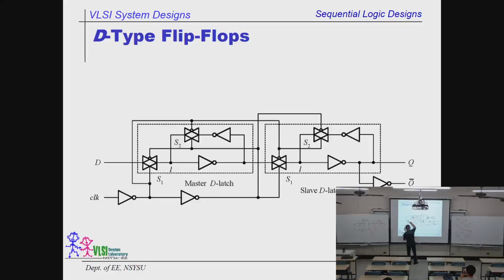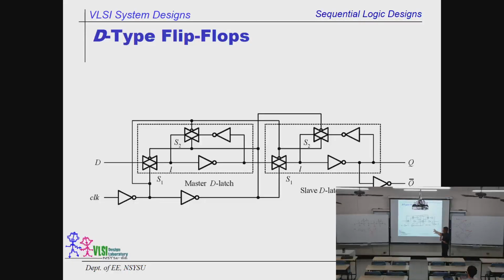And this one is driven by this one, and this is driven by this one. So in each block, the control of the transmission gates are out of phase. They are totally opposite. But this one is controlled by clock, and this is by clock bar over there.